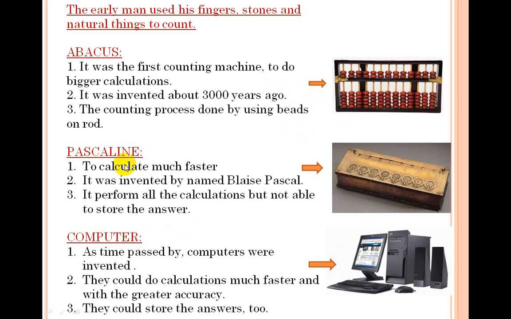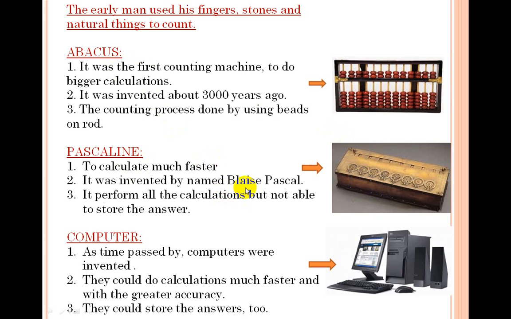Now coming to the second invention, that was the Pascaline. It was used to calculate much faster than the abacus. Here you can see the picture of the Pascaline. The Pascaline was invented by Blaise Pascal.